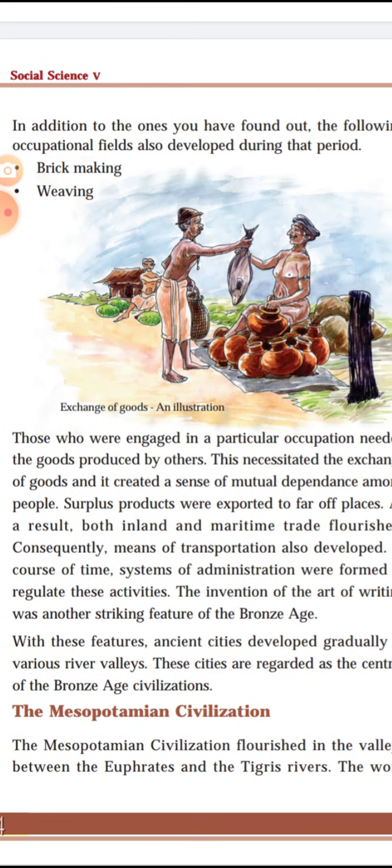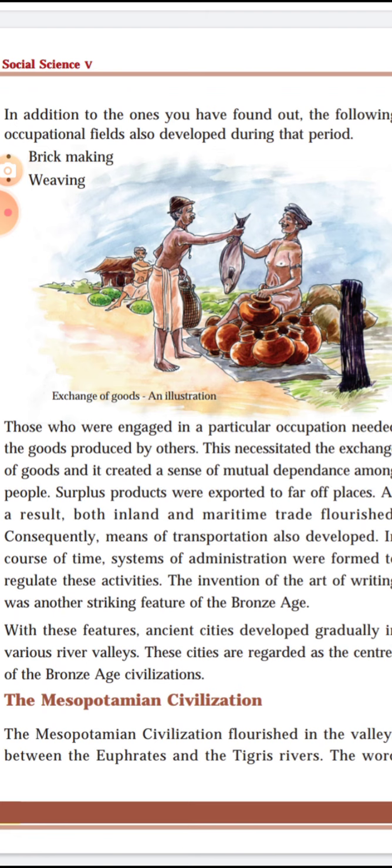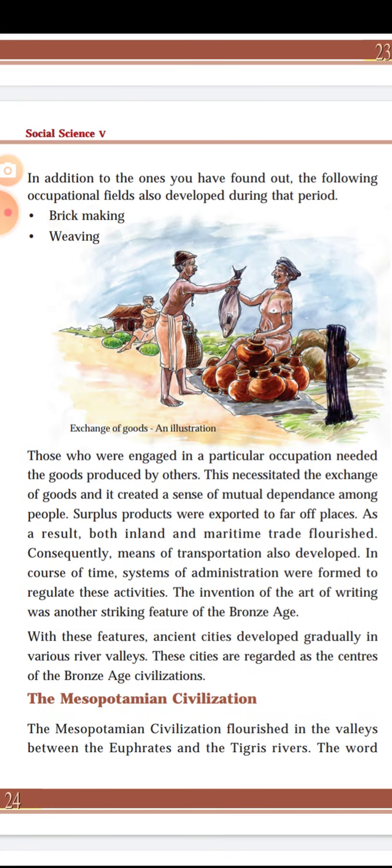And goods were exchanged. These products were exchanged and mutual dependence occurred. People depended on each other for their needs. People depended on each other for exchanging, buying, and all these things.